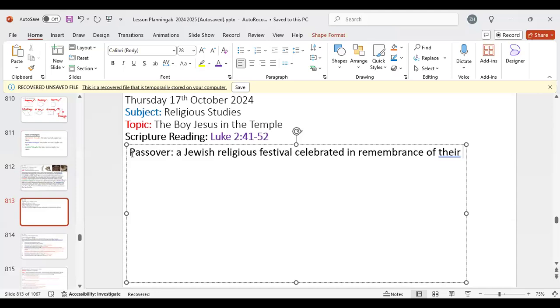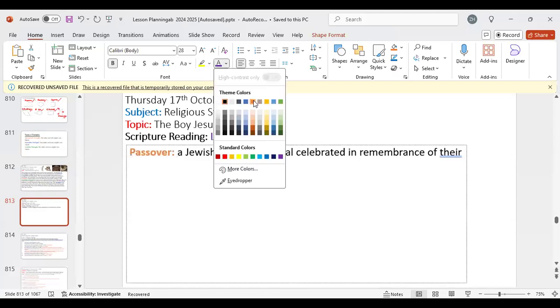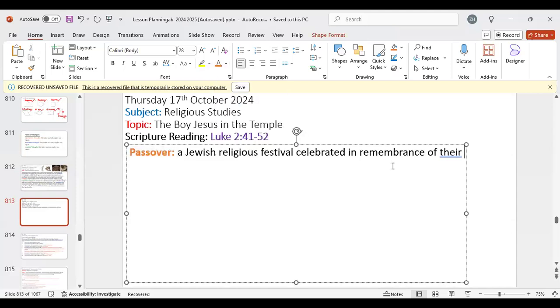And so the Passover was a celebration. After that, the Israelites were freed. So the Passover celebrates how the angel passed over the houses of the Israelites but went into the houses of the Egyptians, and it caused their freedom.